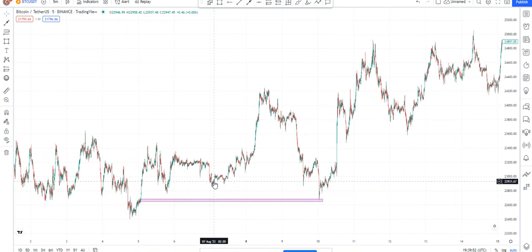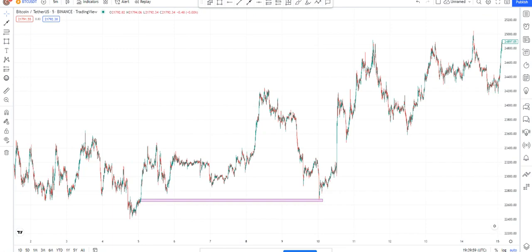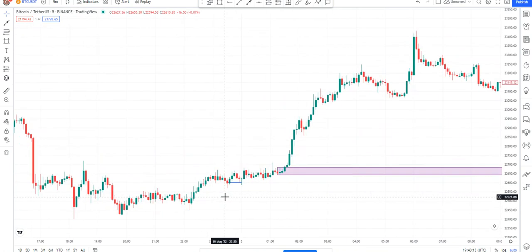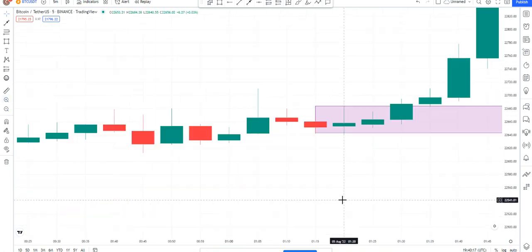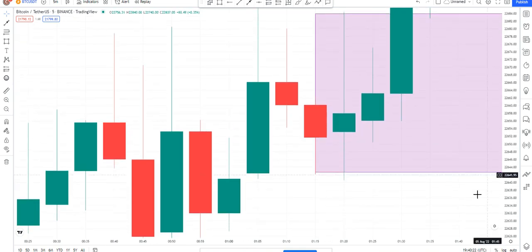So now, let me go back and explain the characteristic of this candle and why I chose it as my sponsored candle. All right, so we'll go back to our notes now. We say it induces liquidity or mitigates another order block that induces liquidity. So in this case, if we go into the chart, that candle that I chose, this candle here, let me draw it properly.